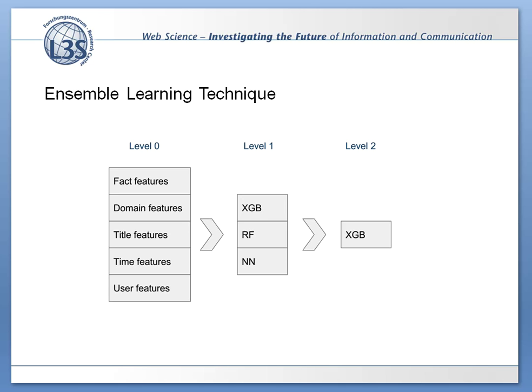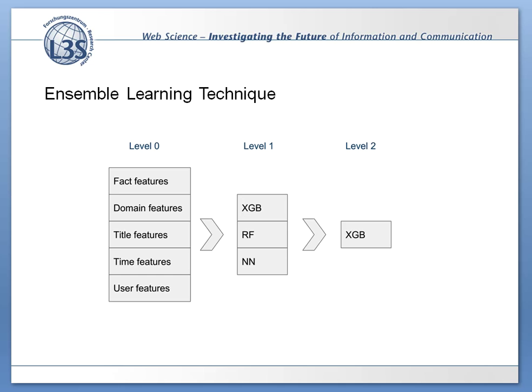For the binary classification problem, we use an ensemble learning technique for solving that. We start with the different features we extract from the facts, from the domain, from the title, from the timestamp of the events, from the users. We also have some hybrid features that combine the fact with the times, domain with the times.